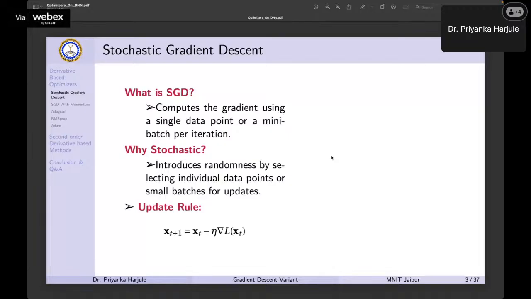In mini batch stochastic gradient descent, we use a batch of, say, m samples, that is, a subset of the training points, for the update. Mini batch stochastic gradient descent provides the best trade-off between stability, speed, and memory requirements.